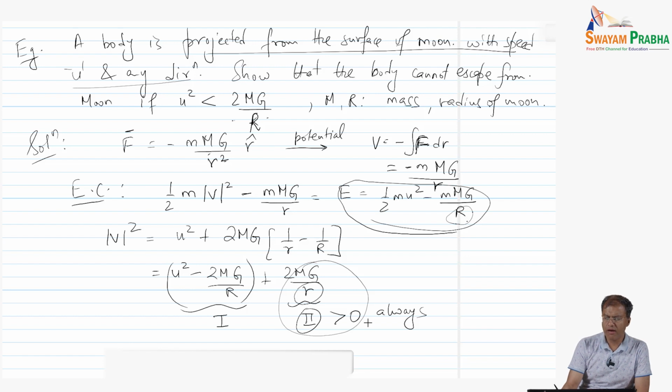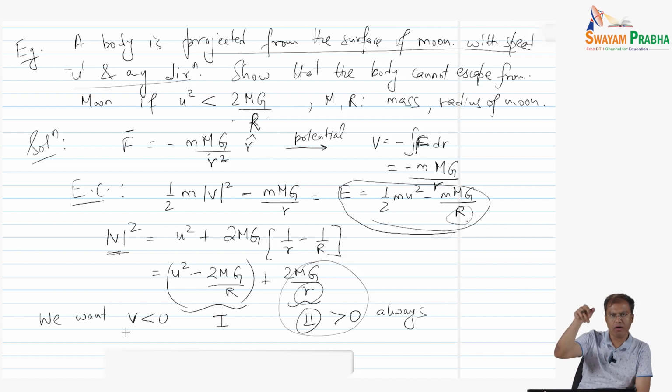Now we consider the escape velocity of the moon being 0 or less than 0. What do we want? We want that v square is negative, so that the projectile, when thrown from the surface of the moon, comes back, with velocity in the direction opposite to the direction in which it is thrown, vertically down, for example.